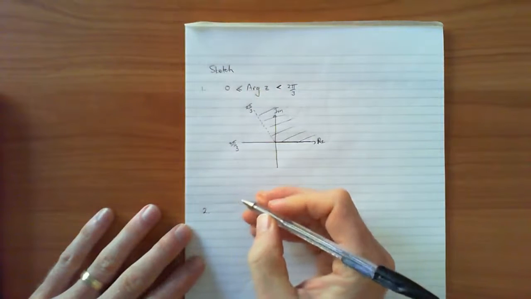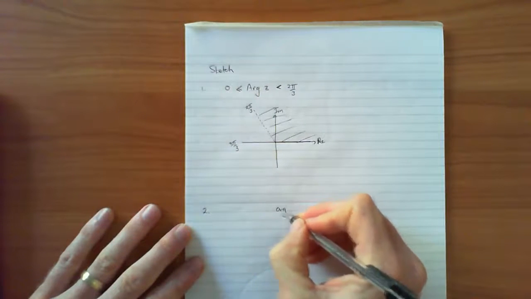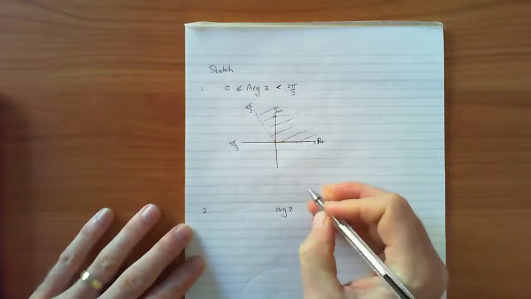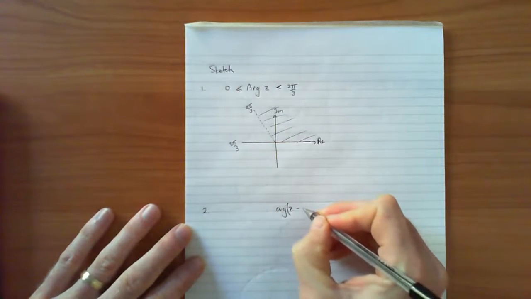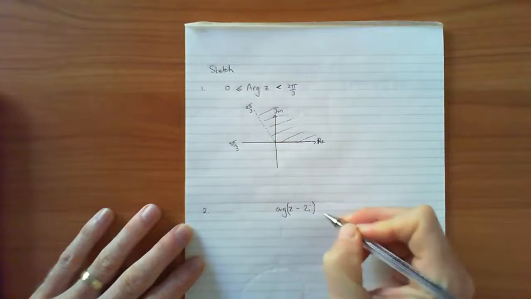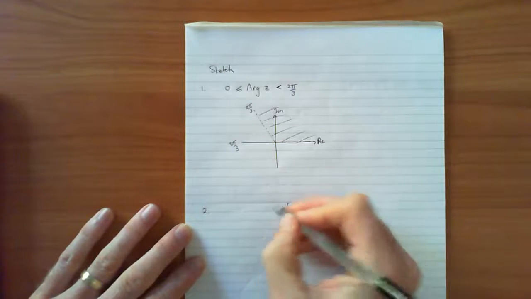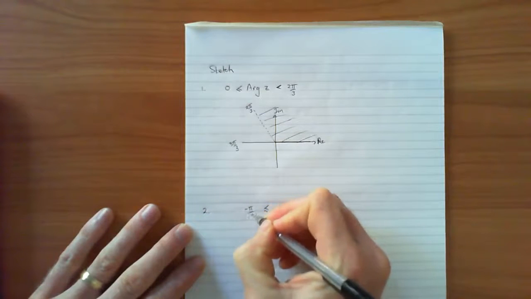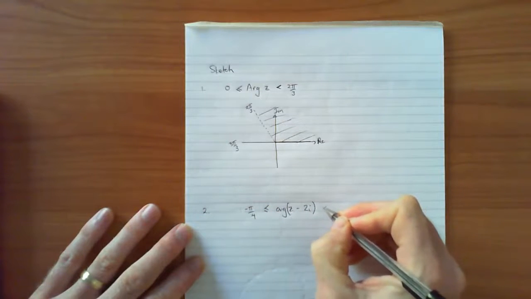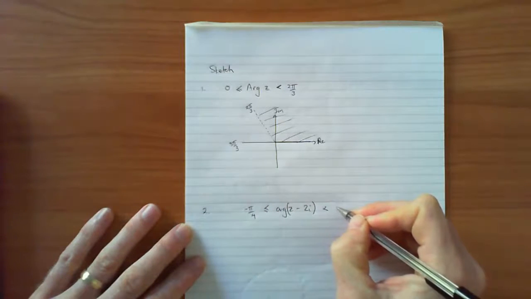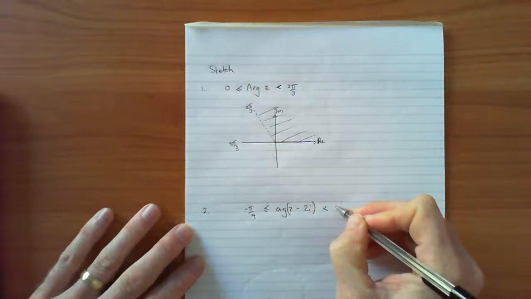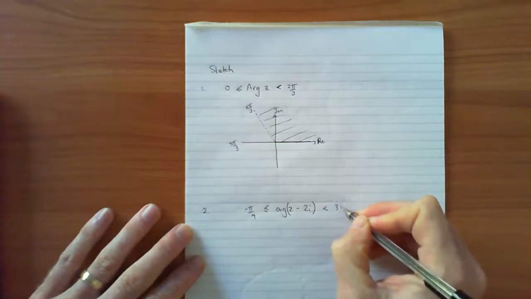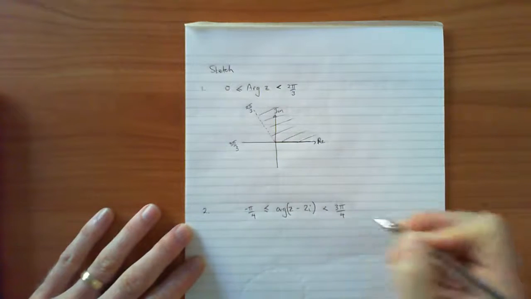Let's look at this. Arg of z minus 2i has to be greater than or equal to negative pi on 4 and less than 3 pi on 4.